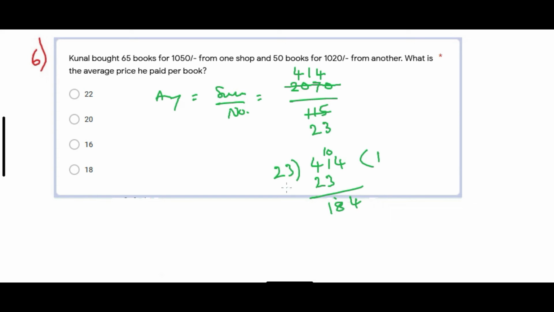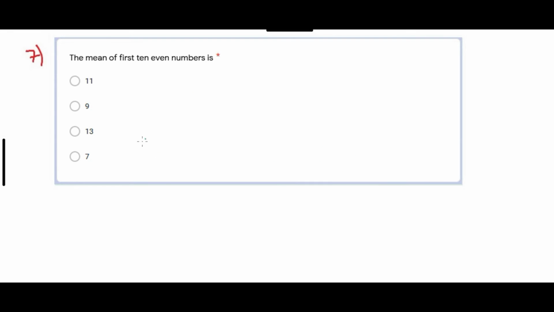How many times will 23 go? 8. Yes, 8 threes are 24, 8 twos are 16, and 2 is 18. So 18 is the answer. Let's move on to the next question.